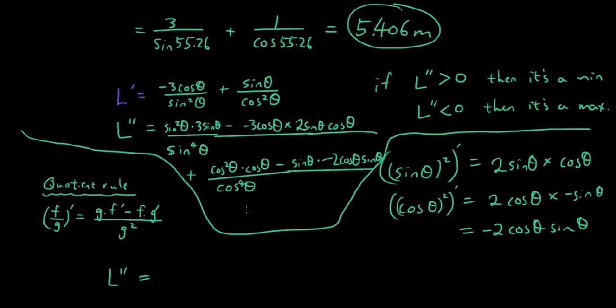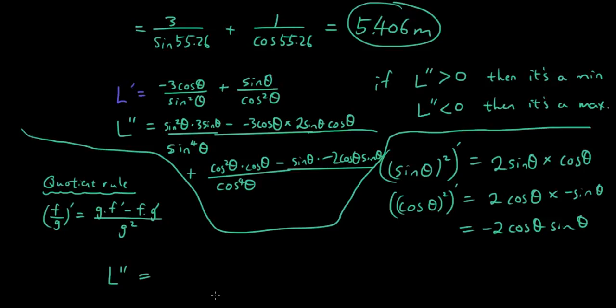I'm just going to type it straight onto the calculator and show you the answer. And L double dash I have found to be 9.16, which is bigger than 0, so L equals 5.406 is a minimum.